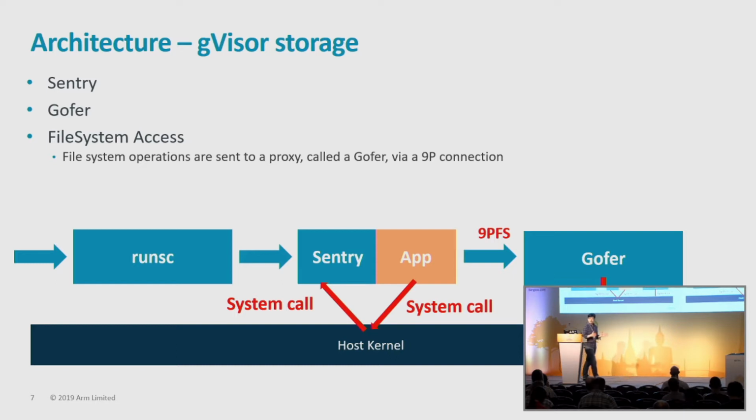As we all know, the performance of 9pfs is not so good, both on Intel and Arm platforms. So maybe this is a performance issue in gVisor. And later, maybe 9pfs will be replaced in the future.